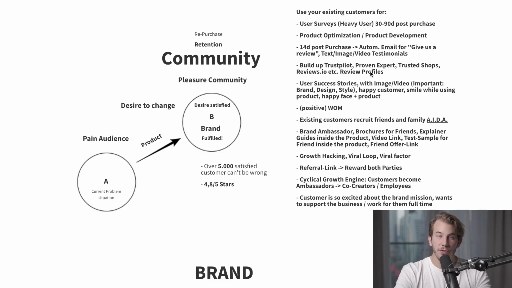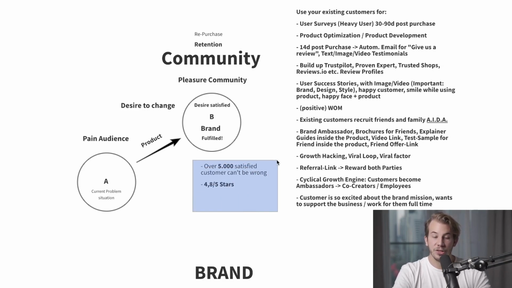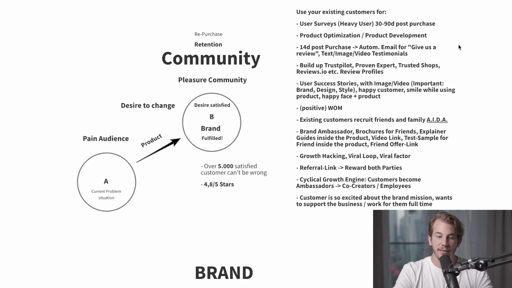These are all review profiles where you over time build up a score that can then be used in your marketing, that builds trust on your sales pages, on your landing pages, that if people see that you maybe already have 5,000 happy customers that ranked you 4.8 out of 5 stars, then this is the social proof that we are looking for to make our marketing work.